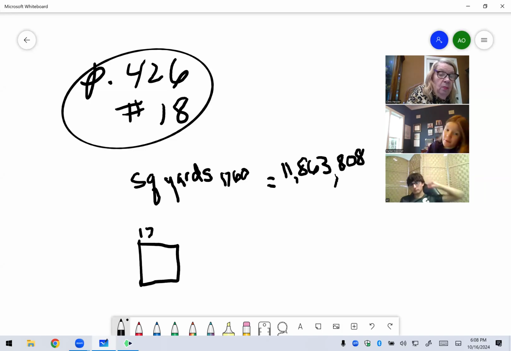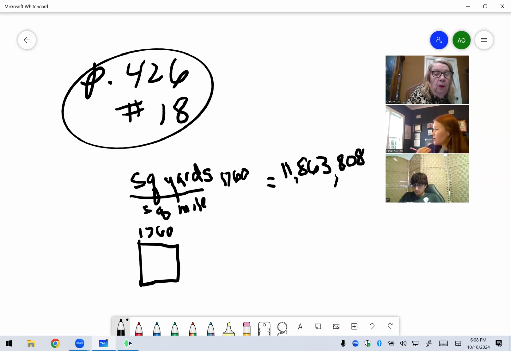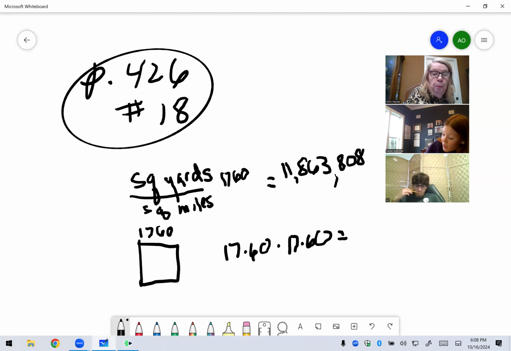So 1 mile is 1760 yards, so we got to get square miles, which would be 1760 times 1760. That is 3,097,600 square yards.